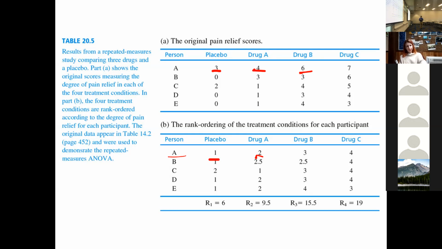For participant C, their smallest was drug A, so they get a 1 for drug A. Their second smallest was placebo, so they get a 2 for that. They get a 3 for their third smallest, drug B, and they get a 4 for drug C. You're then adding up the rank orders by column.